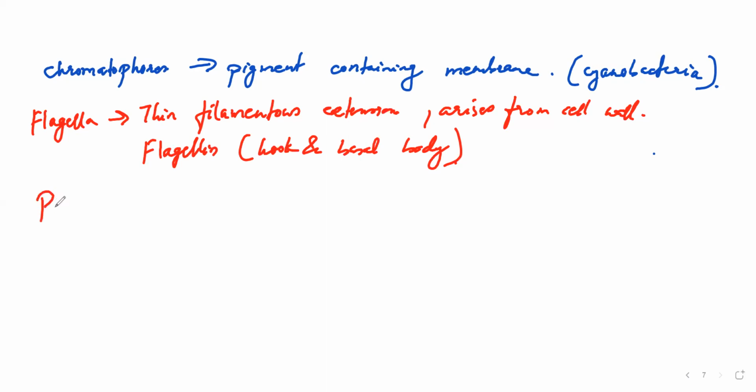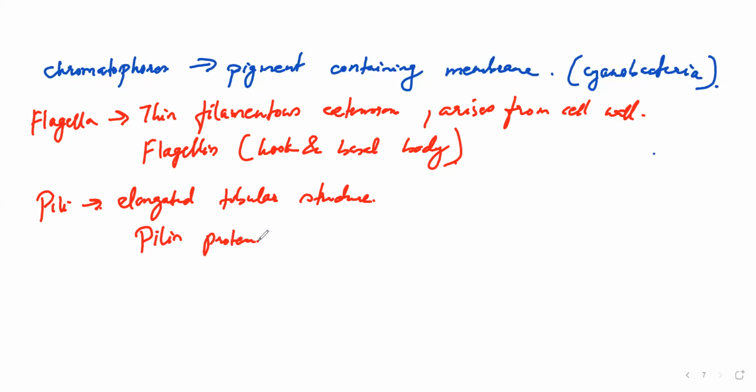Second one is the pili. Pili are basically elongated tubular structures, and they contain a protein called pilin. If you compare the pili with the flagella, the pili will be non-filamentous.